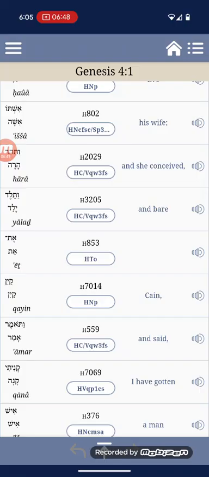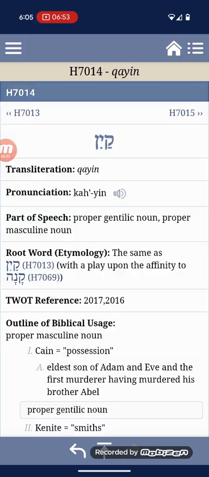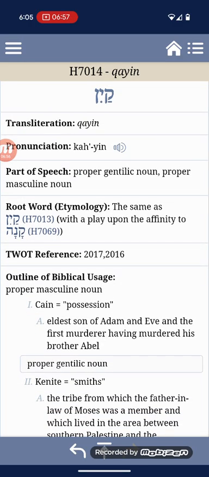And Cain is Strong's H7014. Cain. Cain. All right.